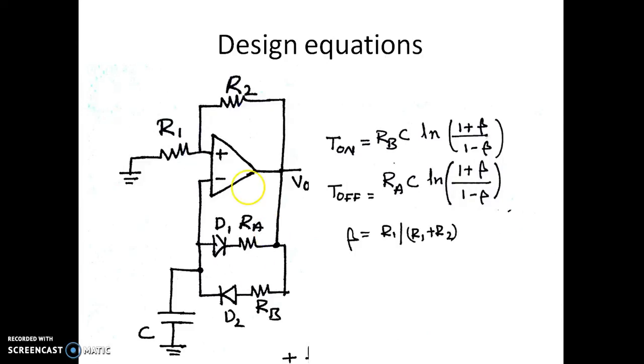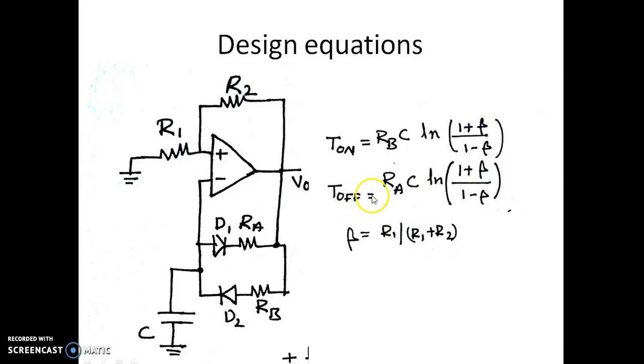So this is the equation. We are going to get the expression for on time, because the time constant C into RB is responsible for charging the capacitor to plus beta VCC. So we have the on time given by RB into C, ln of (1 plus beta) by (1 minus beta), where beta is given by the ratio of resistor R1 by R1 plus R2.